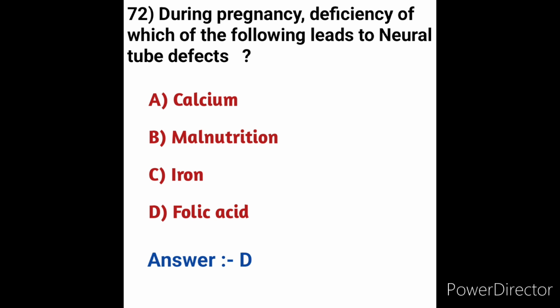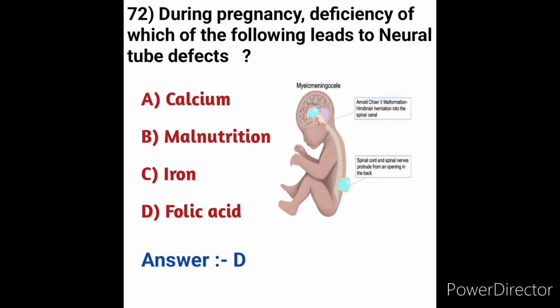Here option D, folic acid deficiency, leads to neural tube defects. Here we can see the baby with neural tube defects, anencephaly and also spinal cord defects, spina bifida, due to folic acid deficiency.